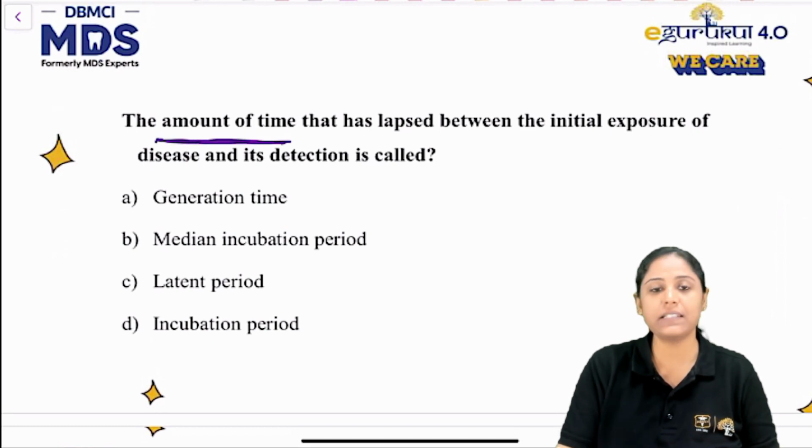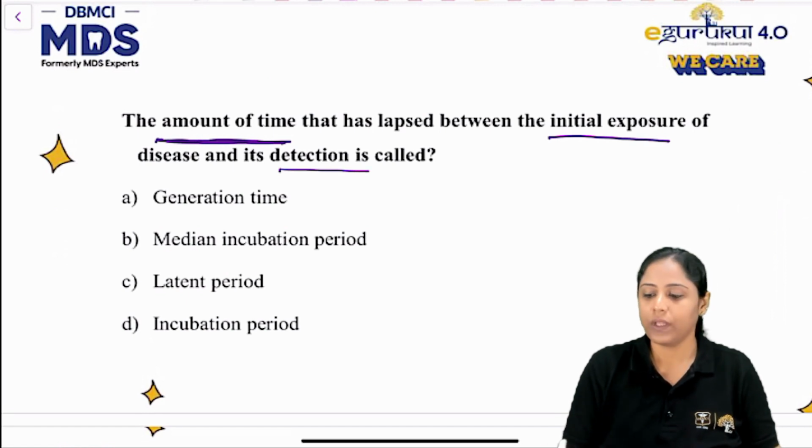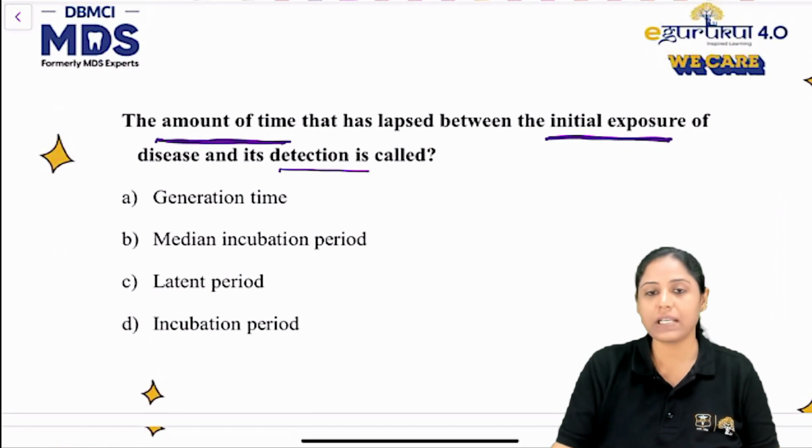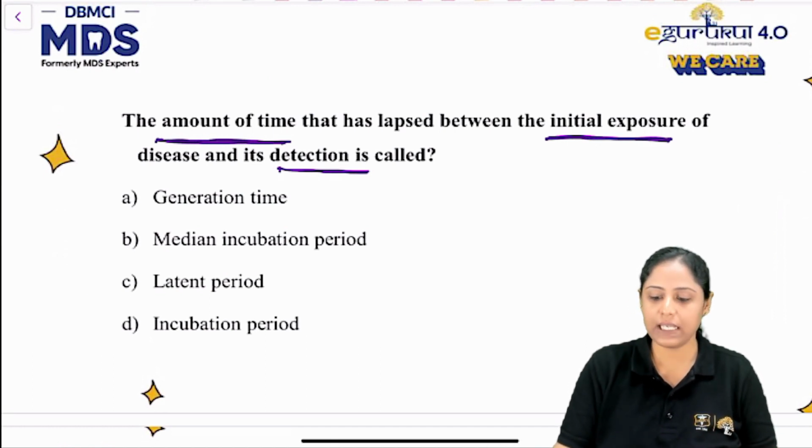The time lapse is between the initial exposure to the disease and the time of its detection. At initial exposure, it is not detected. There is a time lag for its detection. So that time is called choice C, the latent period.